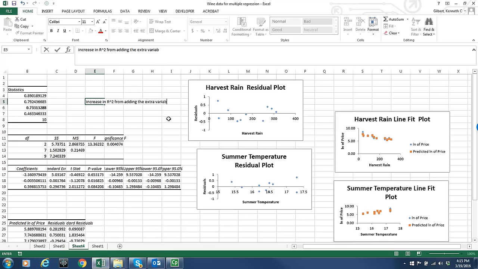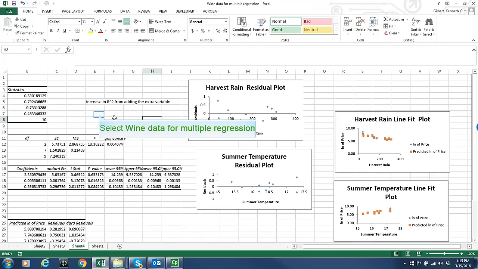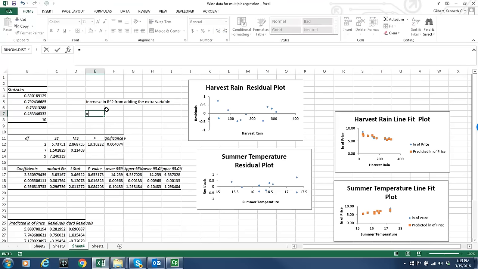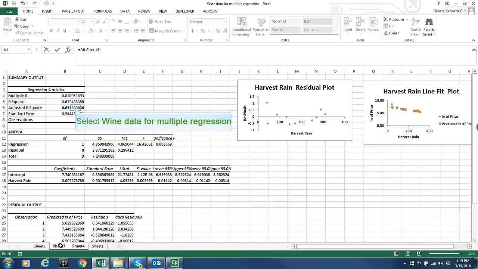Because if R squared is not going up a whole lot, we'll talk about it in a minute, but there's no point in adding another variable, because there's 3 or 4 reasons why we wouldn't. But let's compute that. That is the current R squared, and I'm going to subtract from that the R squared that I got in the single regression. So that.